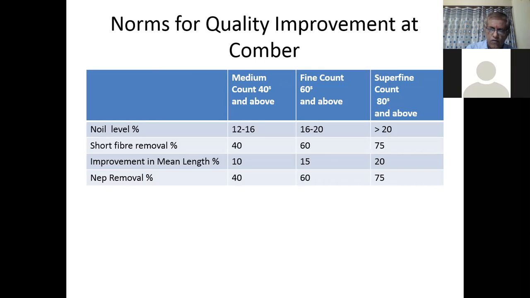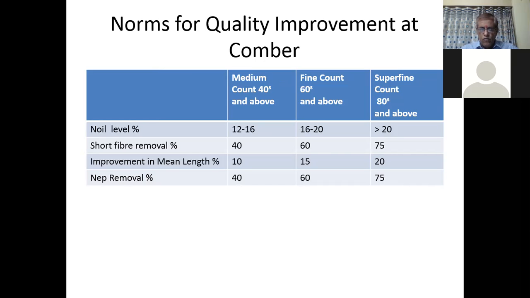For count 40s and above, and for 60s and 80s and above, the noil level is different. Noil level is 16% for 40s count, for 60s it is 16 to 20, and for 80s it is more than 20.